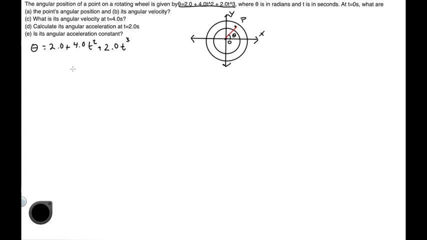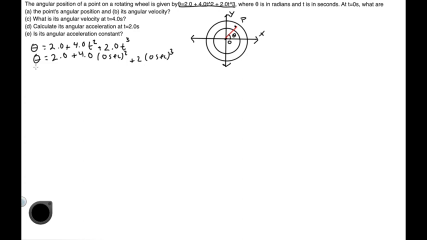Okay, so at 0 seconds, its angular position is going to be given by theta equals 2 plus 4 times 0 seconds squared plus 2 times 0 seconds to the third power. This gives us the position of this point at 0 seconds with respect to the positive x-axis.